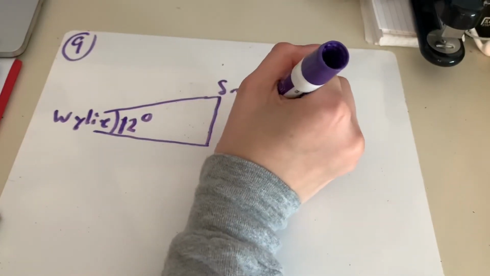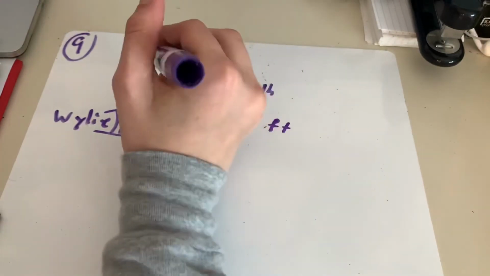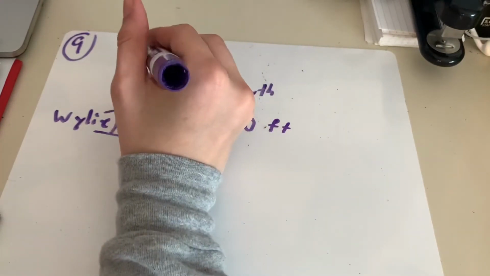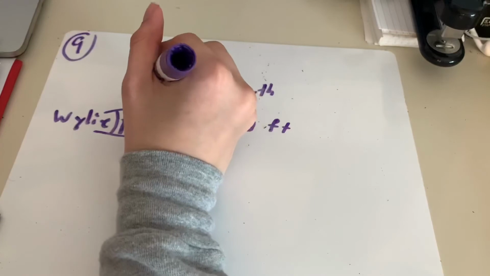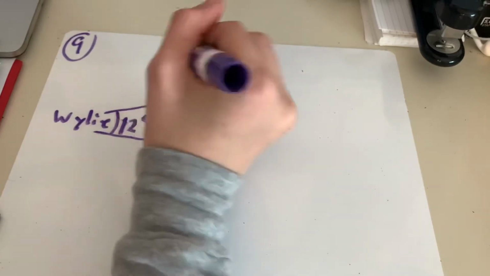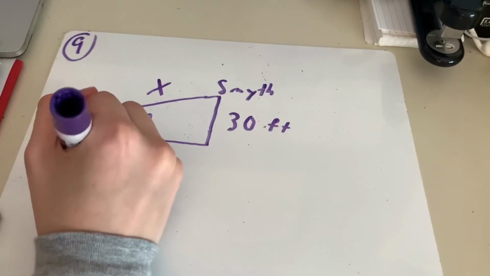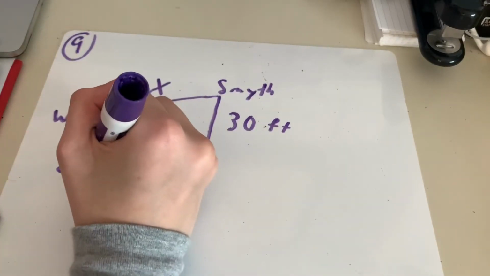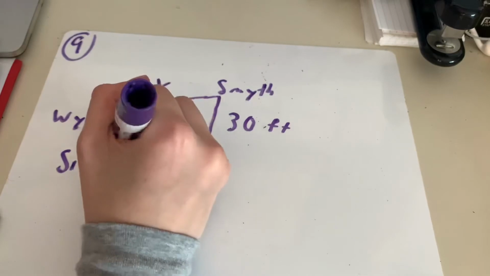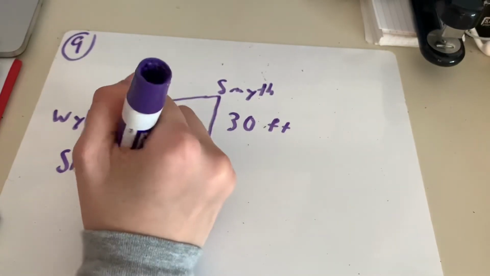I drew a picture to show the problem, so I knew which side I'd be solving for and what parts I already have. In the end, I decided to use sine because I am working with an opposite and a hypotenuse, and sine is opposite over hypotenuse.